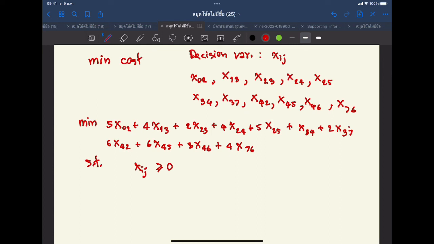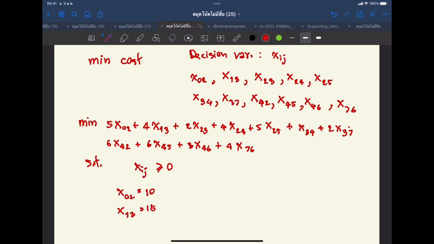For node 0, we know that x02 must be 10, right? Because whatever comes through node 0 must leave the system. And leaving from node 1, x13 must be 15.